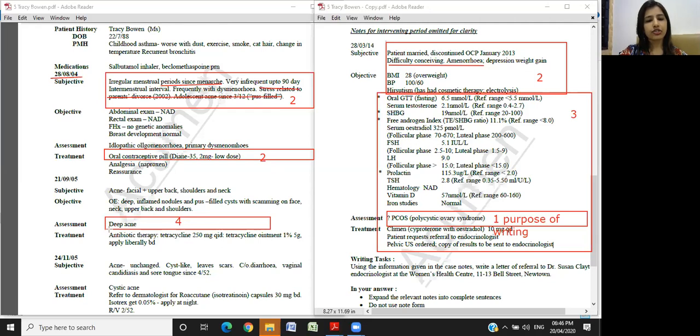Regarding other medical issues, she has a history of childhood asthma as well as deep acne. That's all. You would not need to say what medications they had been given, because that was the subject of the dermatologist, and that is not the reason why you are writing this letter.